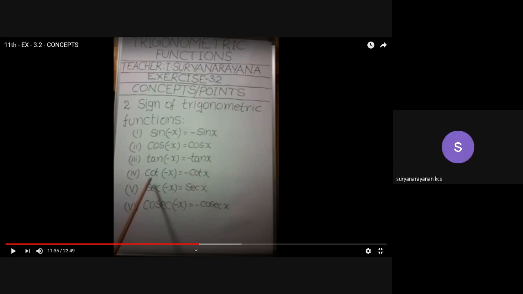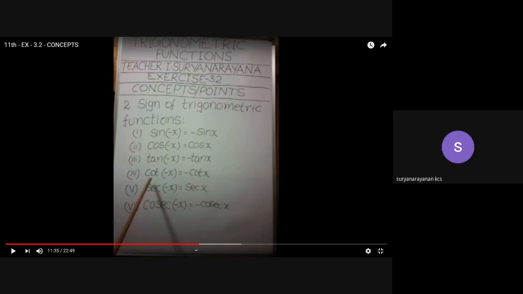Percy, Juice, Rexlin, Nikhil, Benjamin, Richan, each repeats: cot of minus x is equal to minus cot x. Very good.